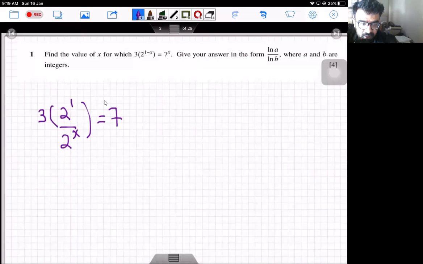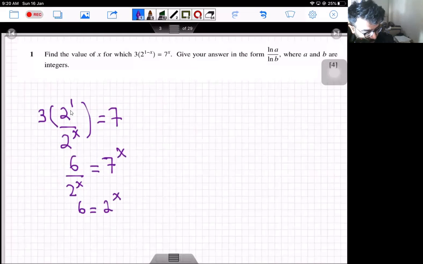As we can see, 3 is multiplied by 2 raised to the power 1, which means 6. So 6 is equal to 2 raised to the power x multiplied by 7 raised to the power x.